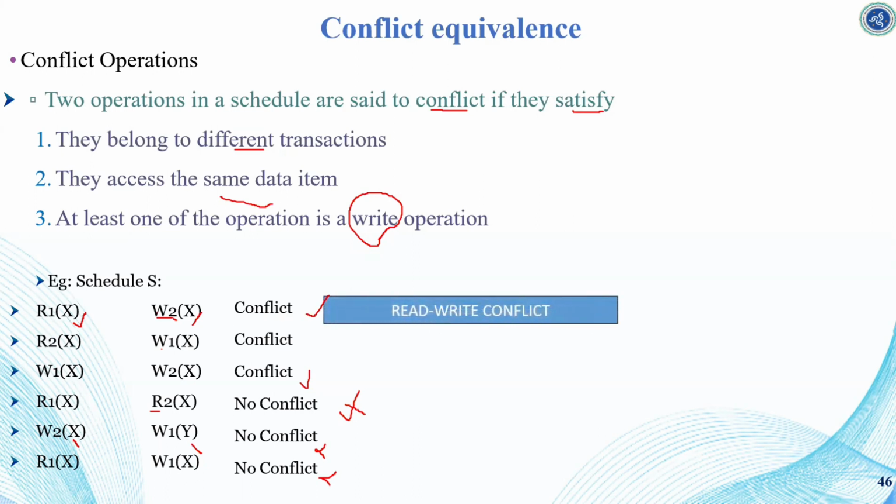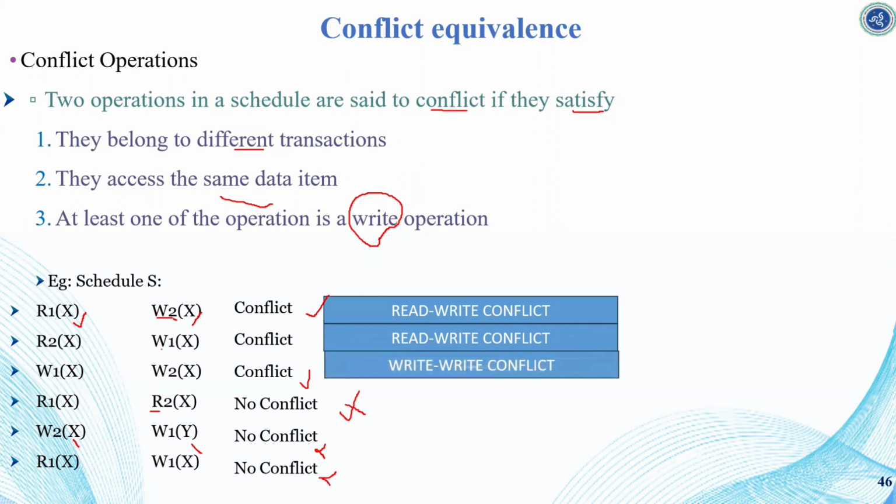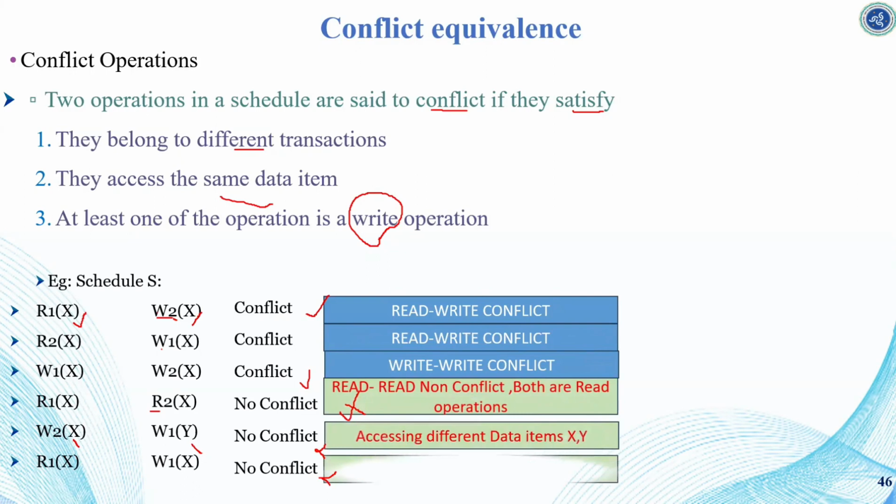The first one is a read and this one is a write, so one of the transactions is a write operation, and it is a read-write conflict. The second one is also a read-write conflict. What about the third one? Both are doing write operations, so it is called a write-write conflict. I have specified the reason why it is not a conflict in the other three cases.